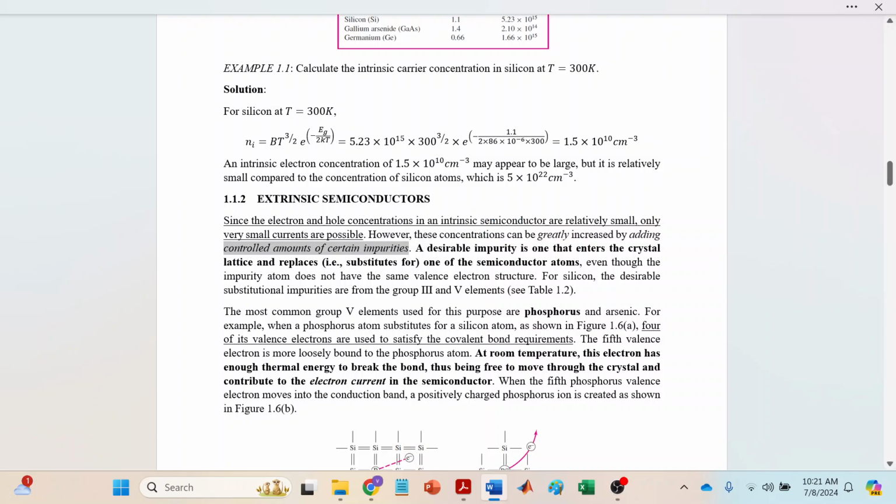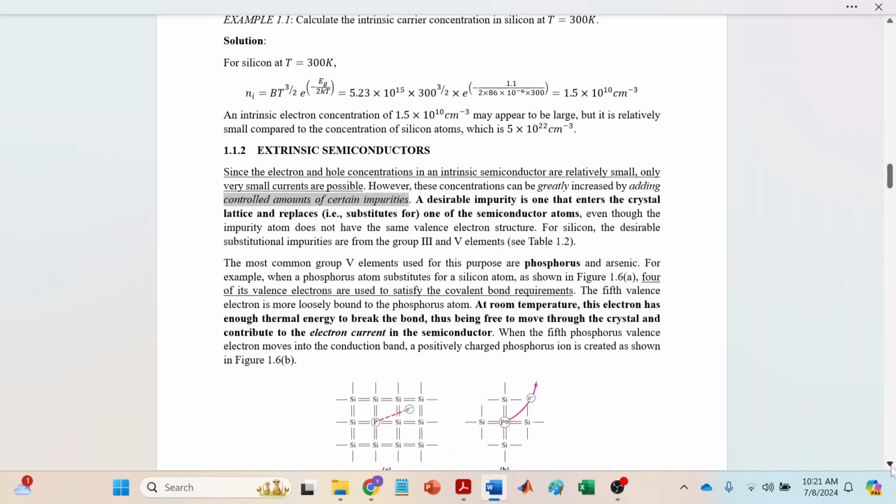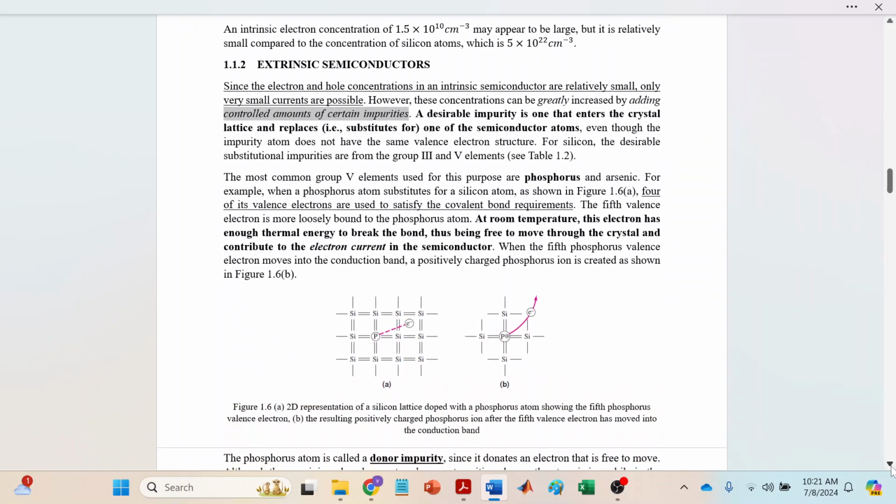So we'll look at the first way of generating more electrons, because we don't want to be stuck with the intrinsic case where we have to increase the thermal energy.